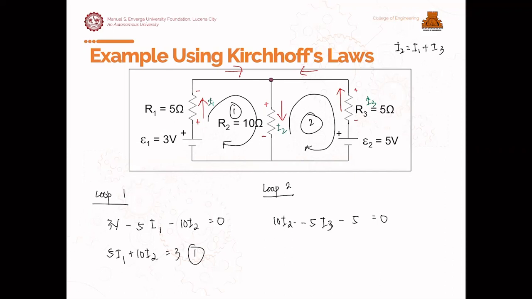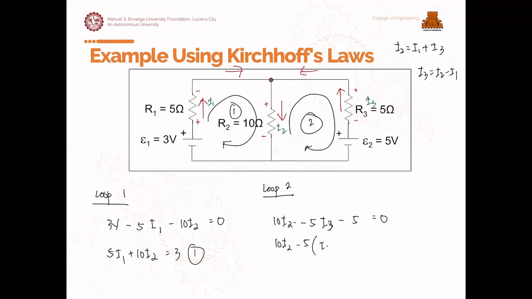Okay? So, kailangan i-change lang natin si I2. Okay? So, ito magiging I3 is equals to I2 minus I1. So, 10I2 minus 5I3. Substitute na natin yung value ng I3.